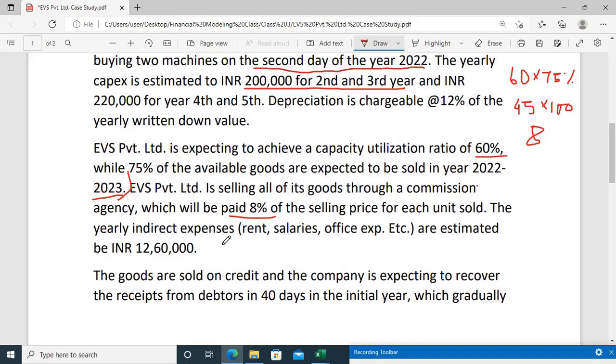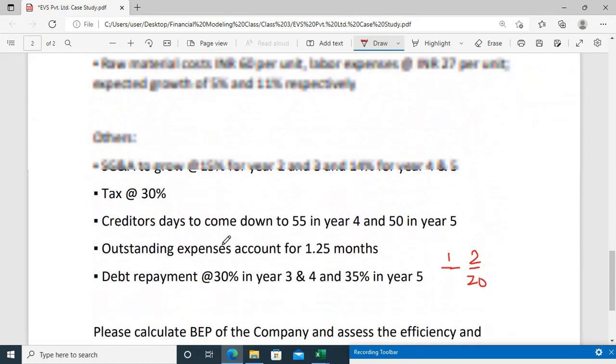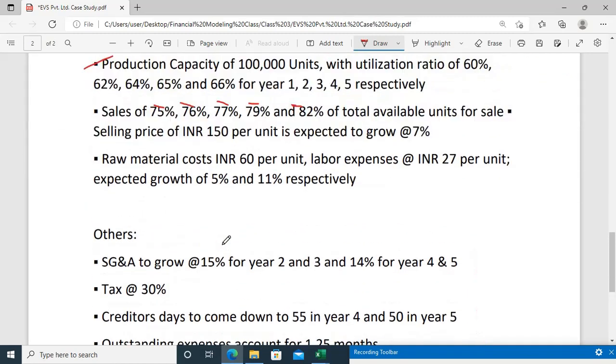The yearly indirect expenses, rent, salaries, office expenses, etc., are estimated to be INR 12,60,000. There was some growth rate also attached with it. Let me check. Yeah, so SG&A to grow at 15% for second and third year and 14% for fourth and fifth year.